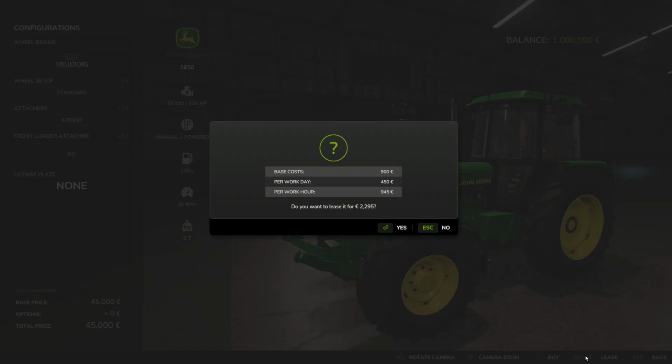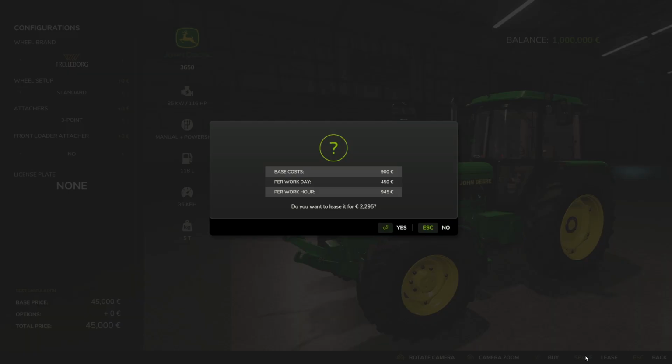And there we have 4 different numbers. First is the base cost. This is the amount of money you have to pay just for the act of renting it. Every time you rent a vehicle, it will cost a certain amount of money, and all those prices depend on the price of the vehicle.